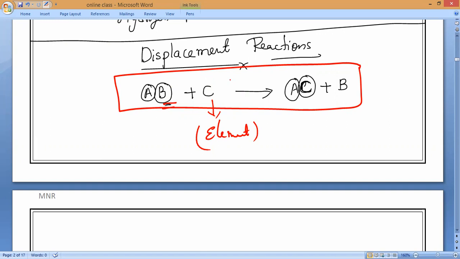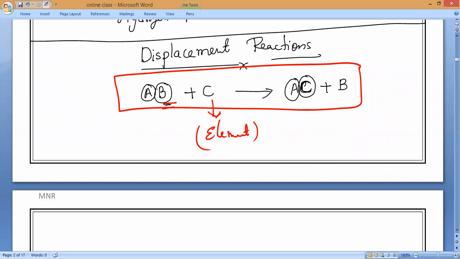If C is less reactive than B, less reactive means less energy, so no reaction will take place. When C is more reactive than B, then only it can replace B.